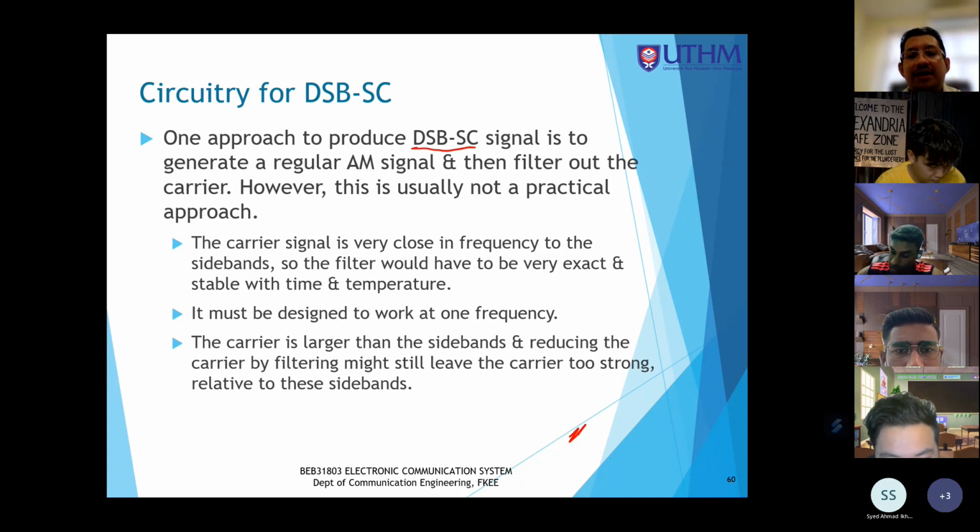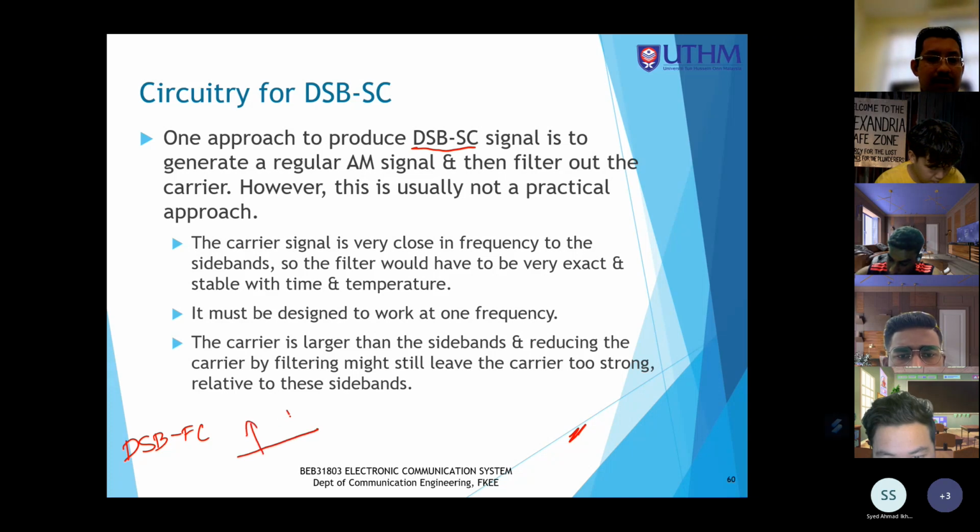Remember that pada awal topik AM kita dah melihat tentang double sideband full carrier. Okay, remember double sideband full carrier yang kita belajar sebelum ini, yang mana dia ada dua sideband, lower sideband and also the upper sideband, and we have the carrier component.